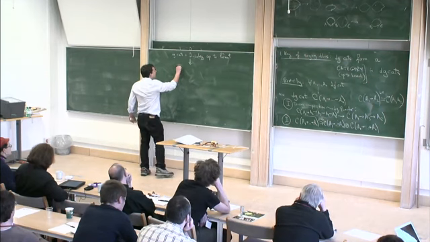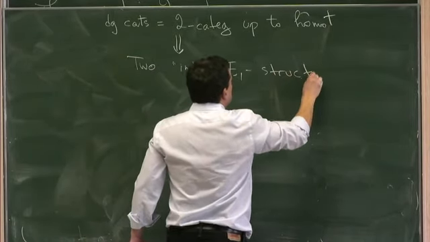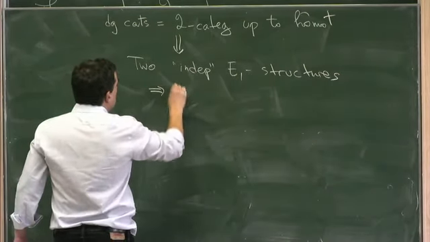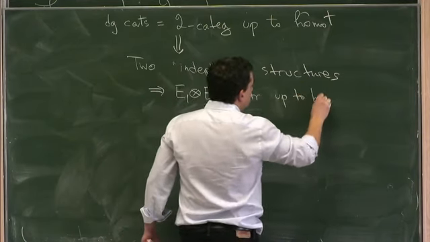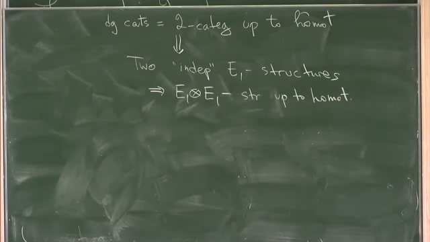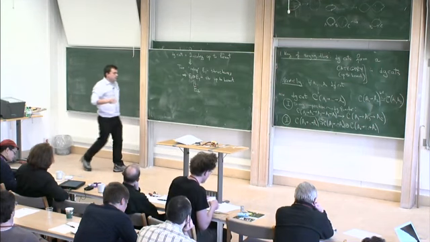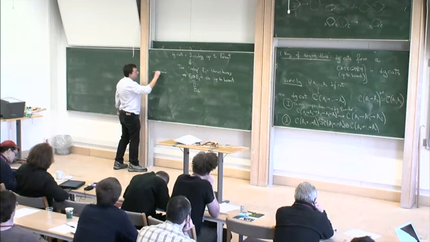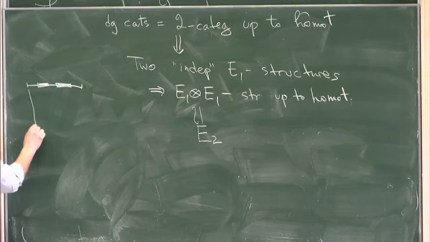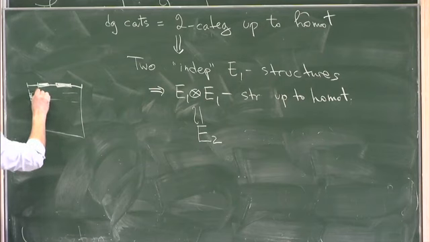From here, you conclude that it has, in some correct sense, two commuting E1 structures, where E1 are little intervals, and because of that, whatever you do, you probably are somehow using this picture. E1 times E1 is E2.